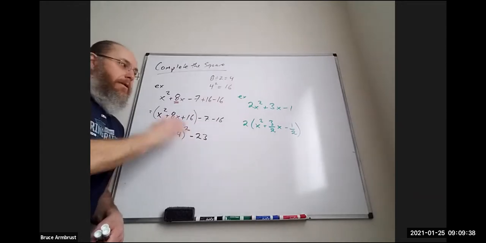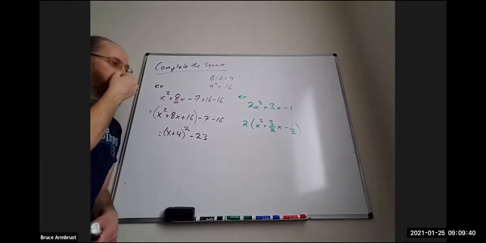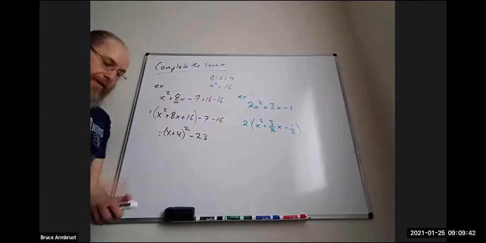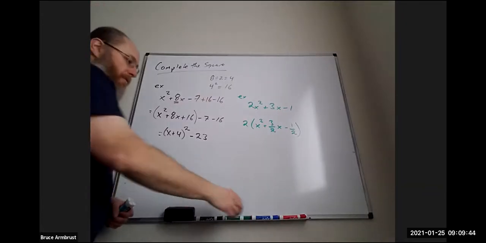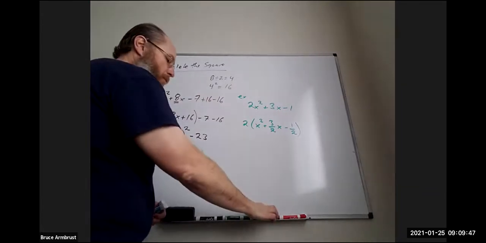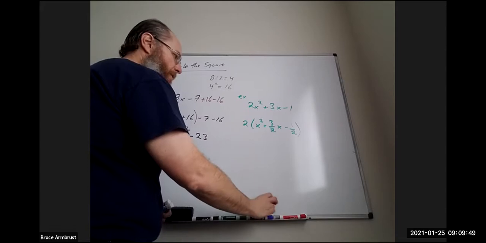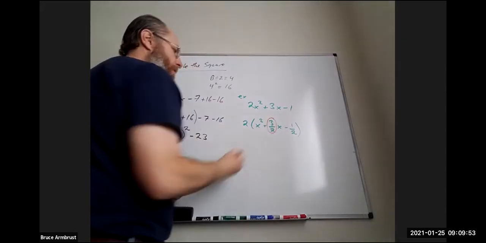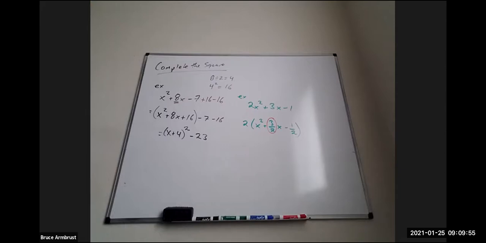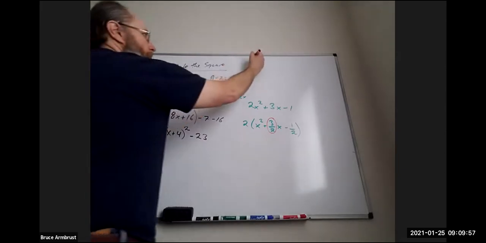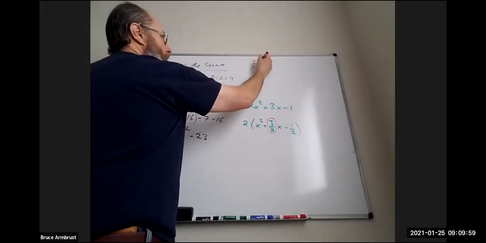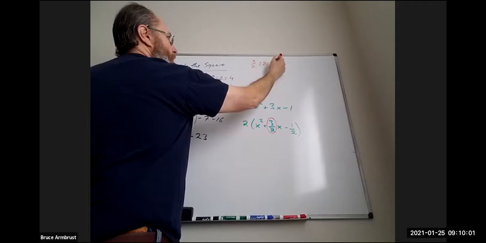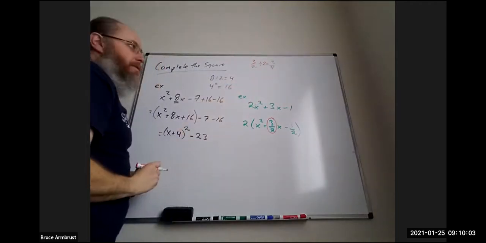It's very rare that you don't end up with fractions. Very rare. Okay, so we have some fractions now, but at this point, we go to what we know we need to do. We're going to take that coefficient on the x, in this case 3/2, and do the same thing that we did before. We take that 3/2 and divide it by 2, which gives us 3/4.